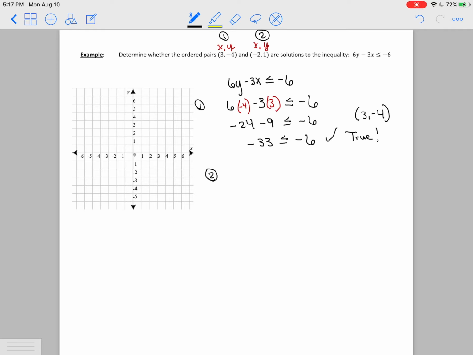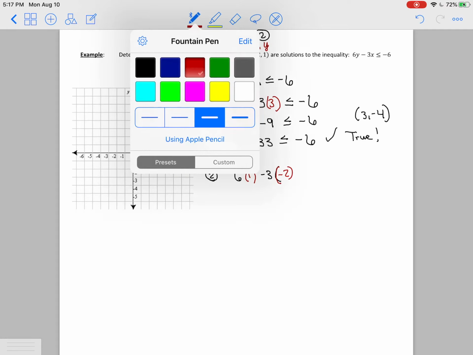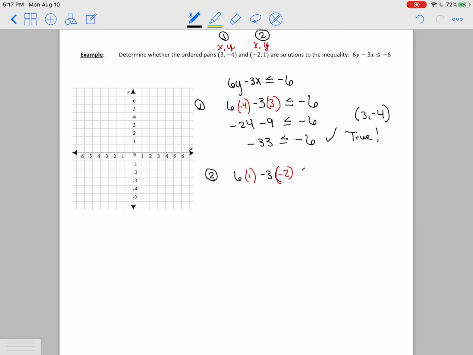Let's check the second point. So this time our y would be 1, and our x is going to be -2, less than or equal to -6.